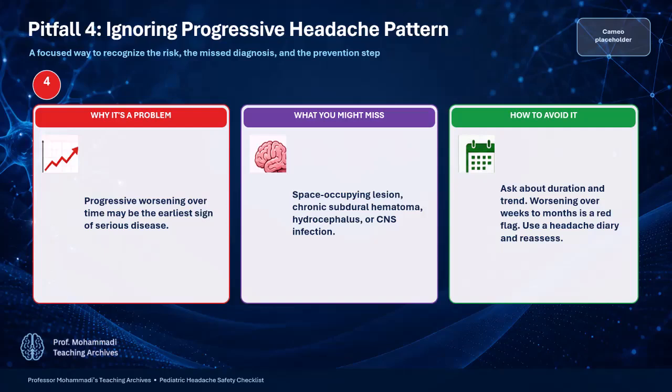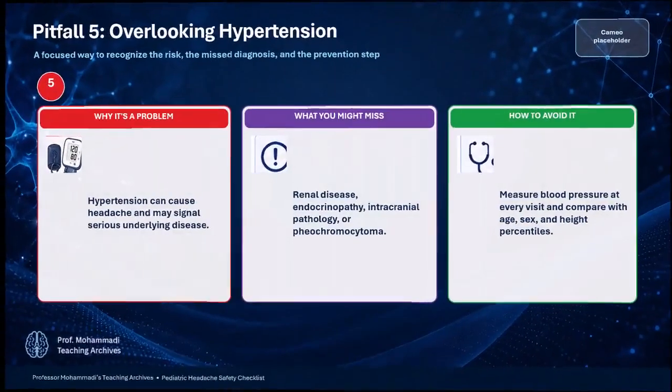This pattern may be an early sign of serious disease, including a space-occupying lesion, chronic subdural hematoma, hydrocephalus, or central nervous system infection. Clinicians should ask specifically about duration and trend. A headache diary can be very useful, especially when the history is unclear or symptoms fluctuate. Planned follow-up and clear return precautions are essential when uncertainty remains. Next slide, please.